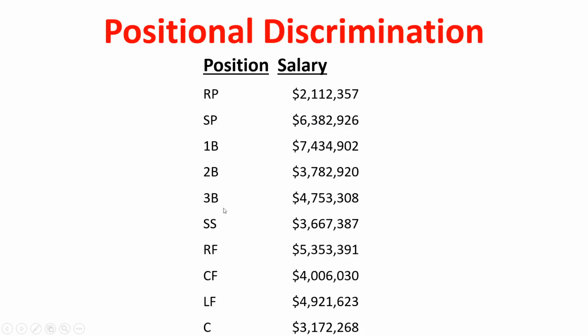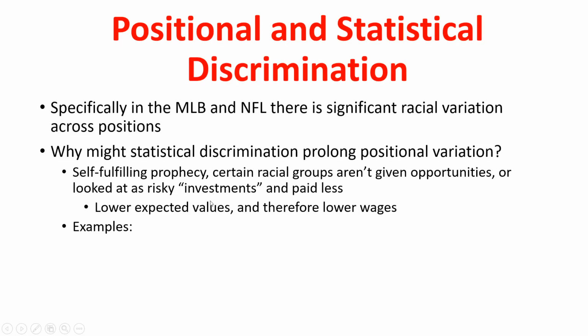If those positions aren't as valued, it may look like discrimination when in fact it's not. It's operating through that marginal wins per labor that we talked about. Right? So the demand curve is just lower for those positions. If you have a higher percent of a certain racial group in that position, it'll look like they're being discriminated against when they're not. So it's really hard to parcel out a lot of these things. But this is another thing we would want to kind of factor in.